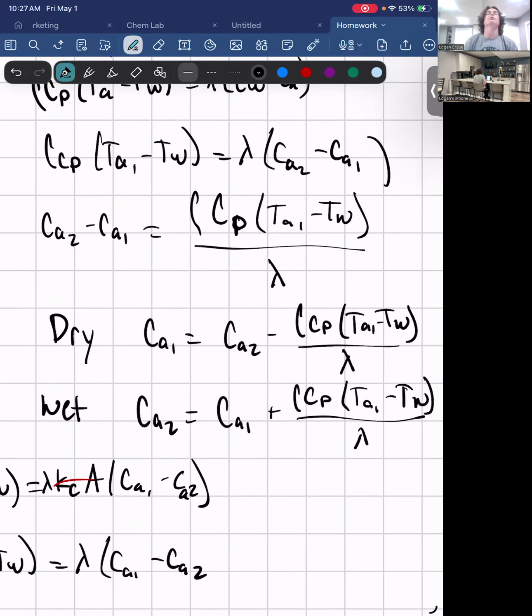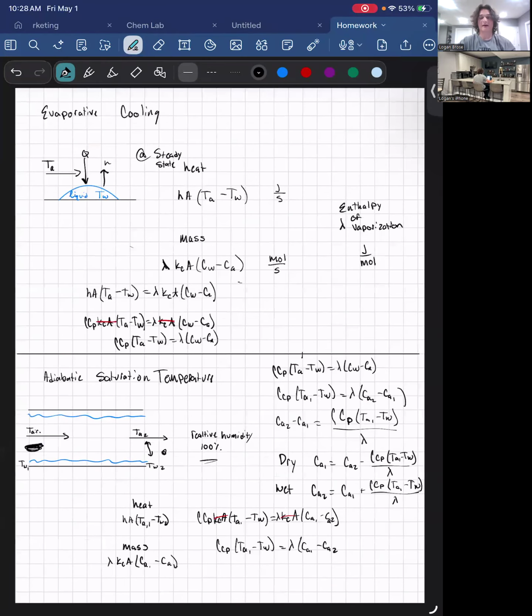And so we were able to relate adiabatic saturation temperature with the evaporative cooling to then get our dry and wet bulb temperature equations. So yeah, that is homework 5 part A.